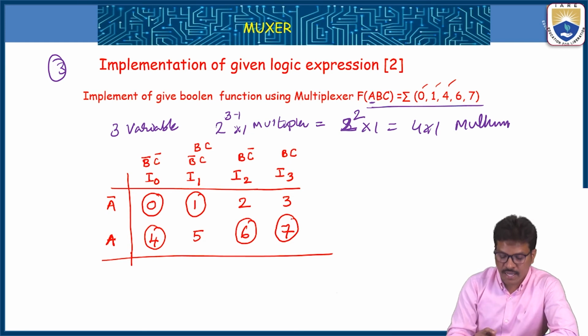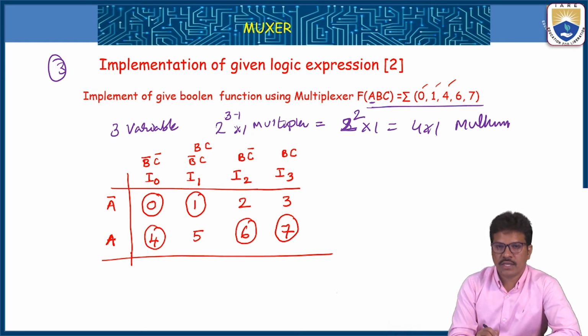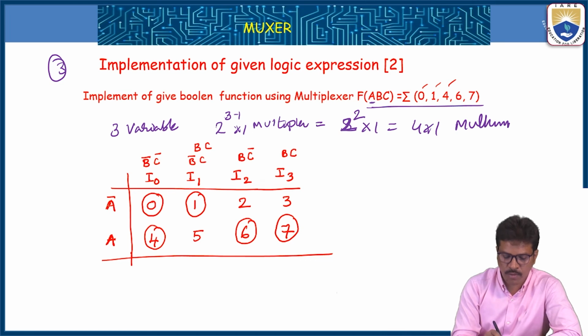Okay. Column-wise, if both minterms are uncovered by the circle, then we take it as 0. If both are covered, we take it as 1. If any one is covered, that corresponding row variable, the selected line variable, is taken as input.